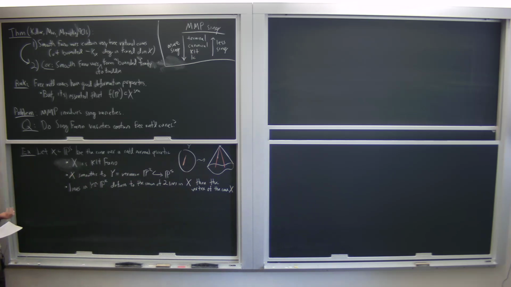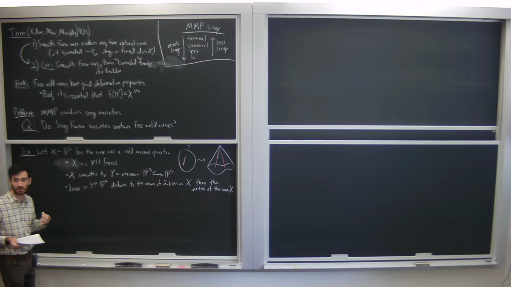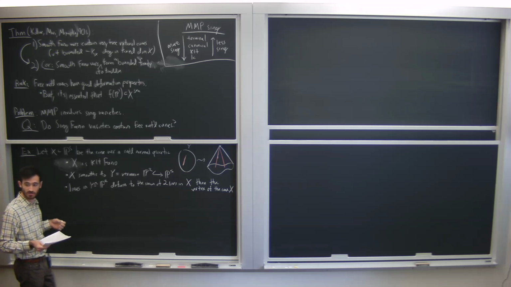But does this mean that X doesn't have any free rational curves inside of it? No, we've just eliminated the possibility that these lines in Y specialize to good free rational curves in X, right?